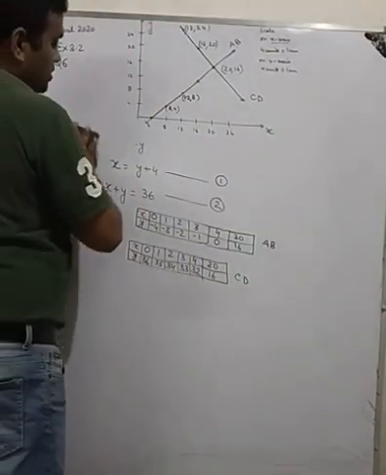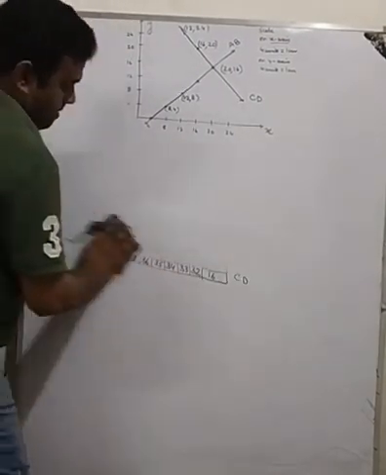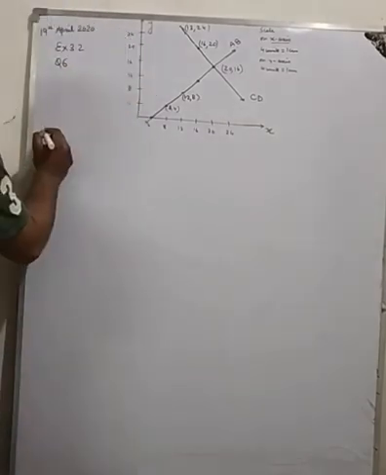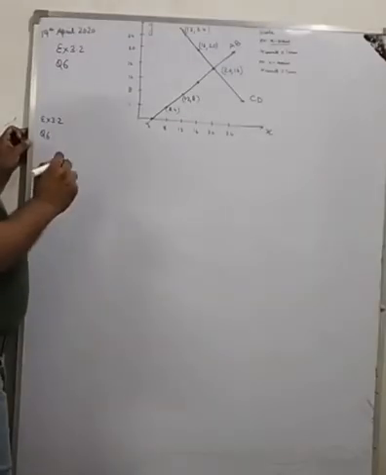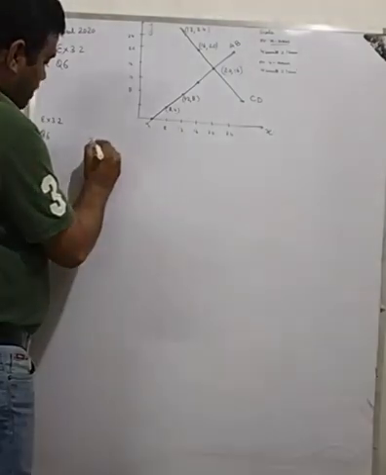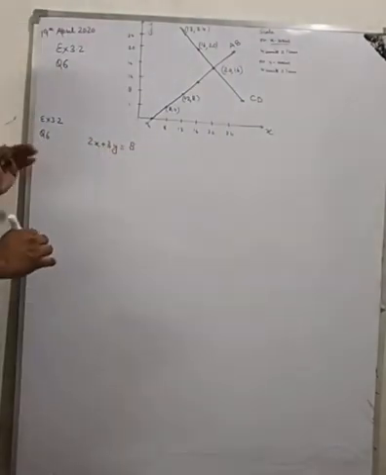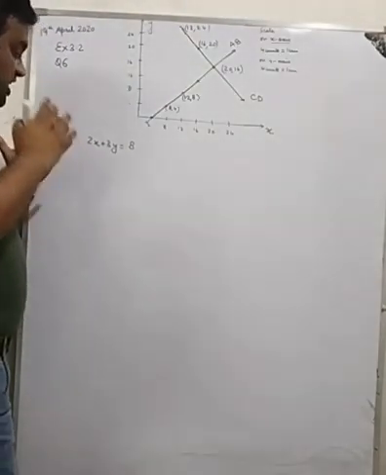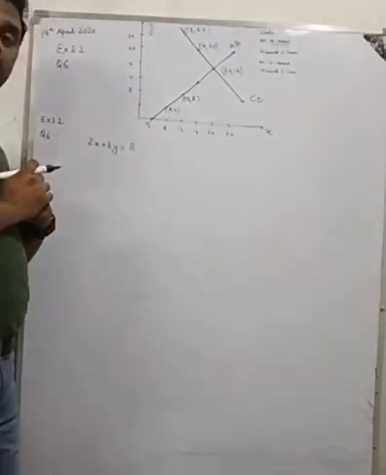So the question is question number 6, exercise 3.2. Equation is given: 2x plus 3y is equal to 8. We need to write an equation which is intersecting in nature with this given line.